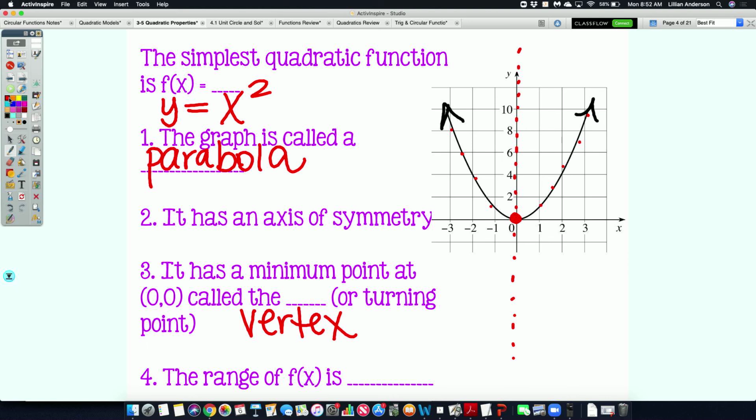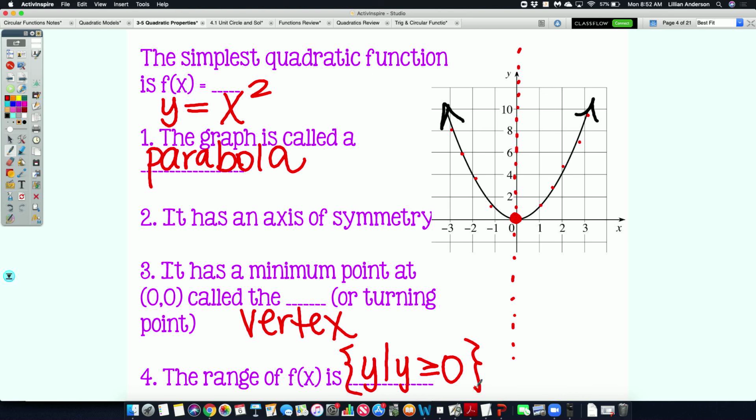Yes, because of that point right there. What's that point called? The vertex. So it's everything greater than or equal to 0. How do I represent that? Y such that y is greater than or equal to 0. And what am I missing here? The symbol with the little triangle. Who remembers the name of those?